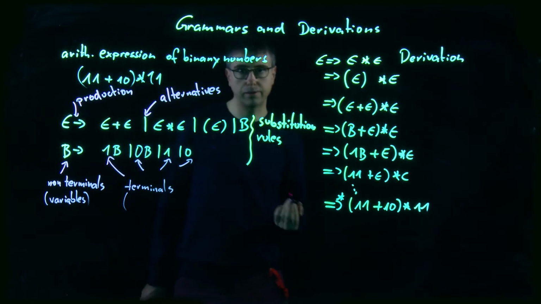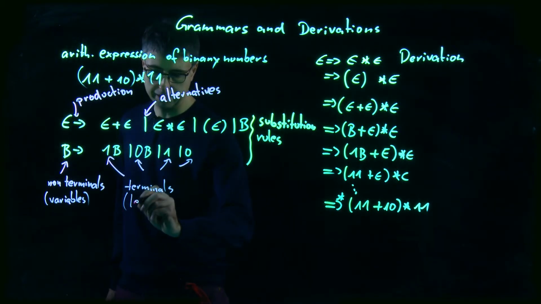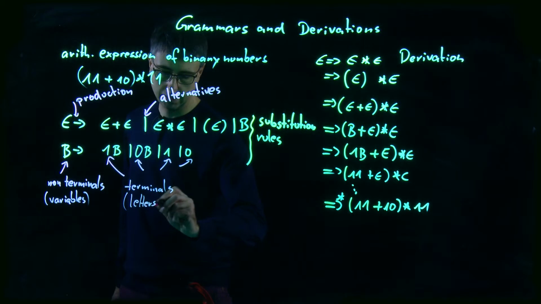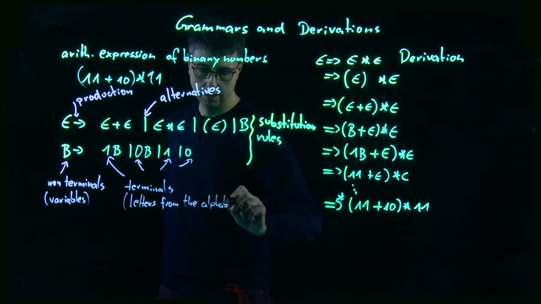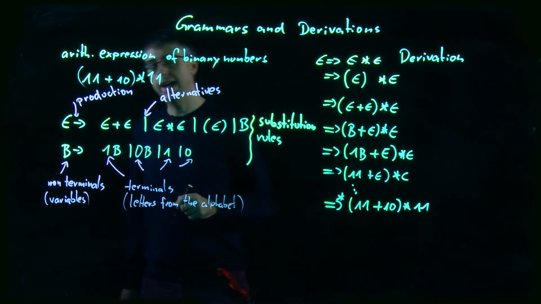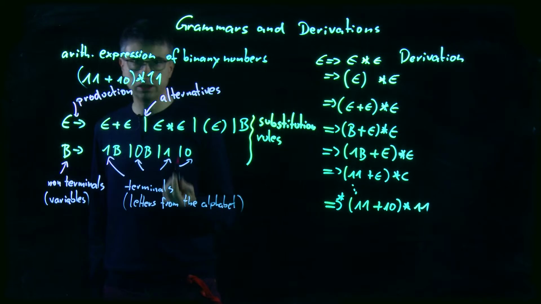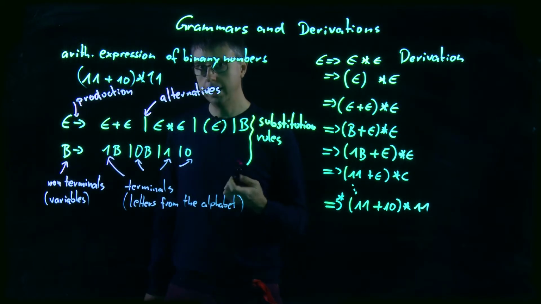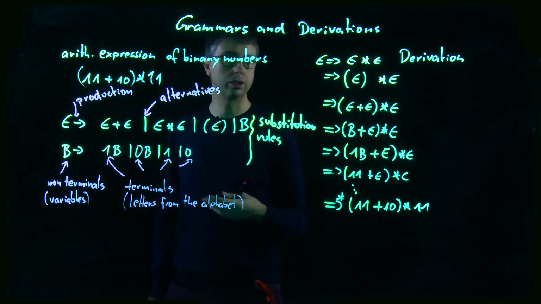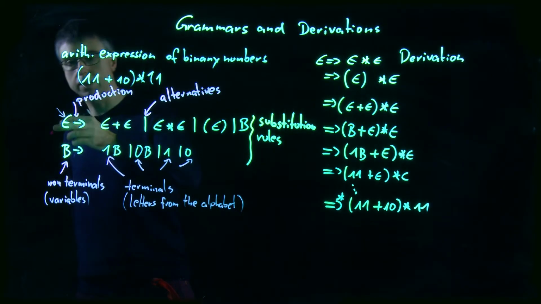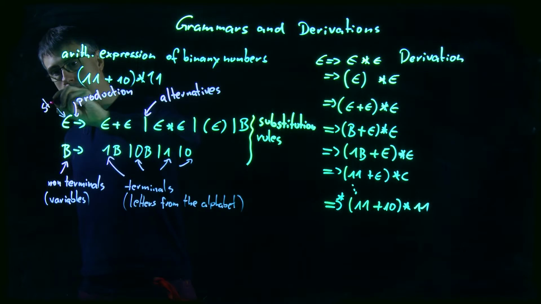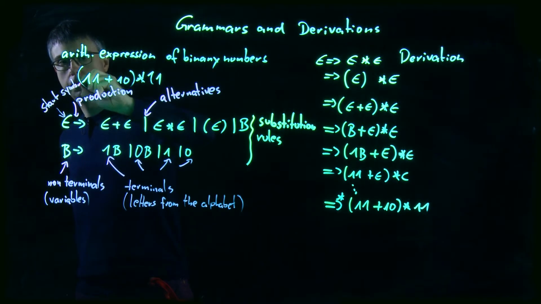They are just the letters from our alphabet. And there must be one special non-terminal that we use to start each derivation, and that's the so-called start symbol. And in this case here it's E. So there must be one start symbol.